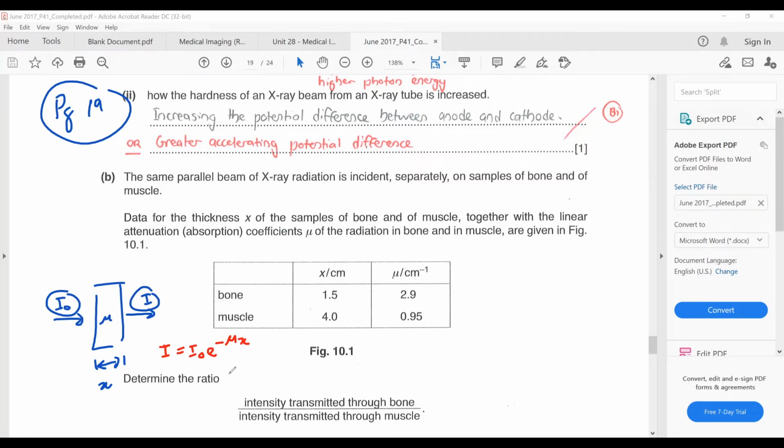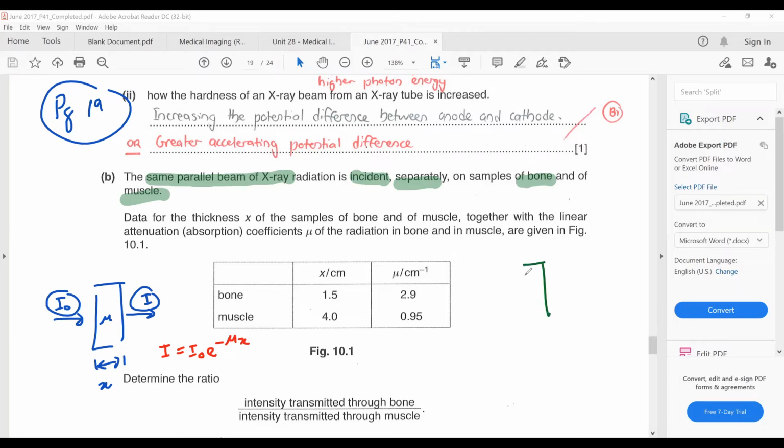Now for this case here, when they ask you to determine the ratio of intensity transmitted through the bone and intensity transmitted through the muscle, it's actually just telling you this. If you read the question, they tell you that the same parallel beam of X-ray is incident separately on bone and muscle. Then they tell you these values here and ask you to find the ratio of transmitted intensity through bone and transmitted intensity through muscle. If represented visually, it just means this.